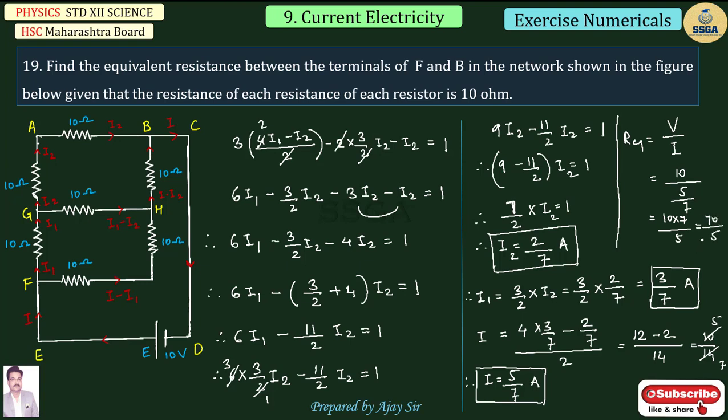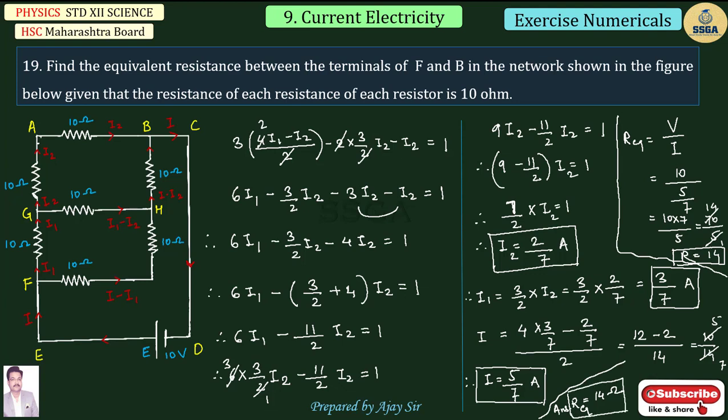So we can divide this. 5 1s are 5, then 2 is remaining, 5 4s are 20. Therefore this is 40 ohm. Therefore R is equal to 40 ohm. So we can use this space for the answer. Answer: R equivalent is equal to 14 ohm.